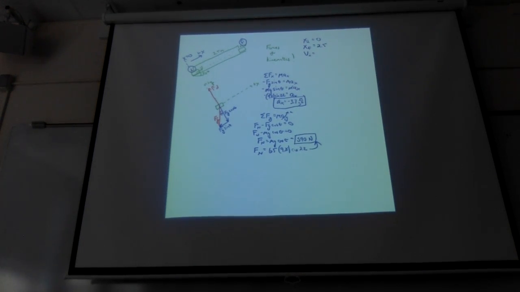V initial is what we're looking for. V final is 0, yeah, the sled stops. Acceleration in the x direction is negative 3.7, as we found below, and the time is unknown, which means we have enough information there to find the initial velocity.